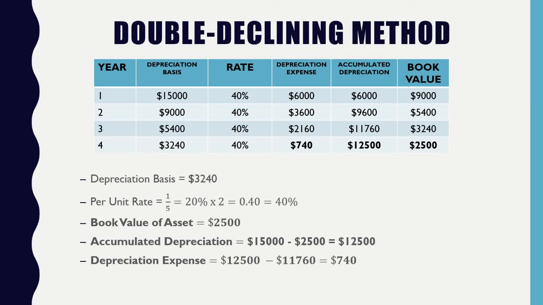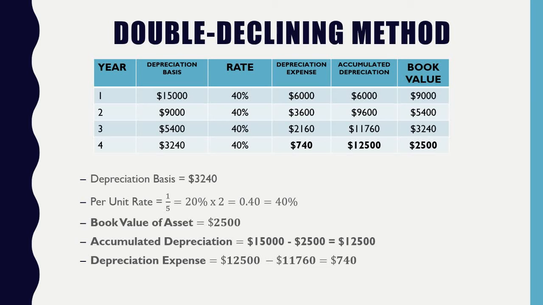I'm moving my formula around so that when I get to one point, I have to work backwards. To solve for accumulated depreciation, it's my asset cost minus my book value, which in this case is 12,500.